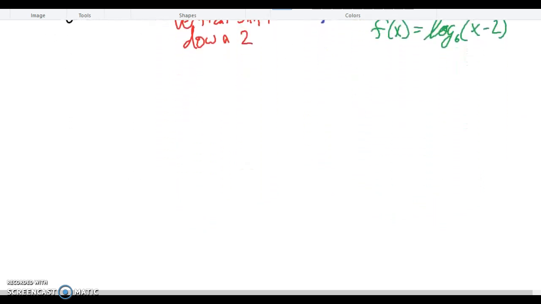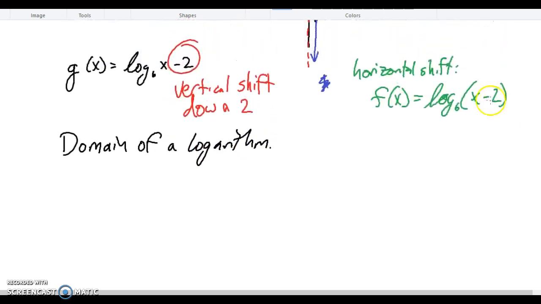One last little detail. Let's worry about the domain of a logarithm. Well, didn't we say it's always 0 to infinity? That would be non-transformed. Let's look at this one. I have moved it to the right 2.